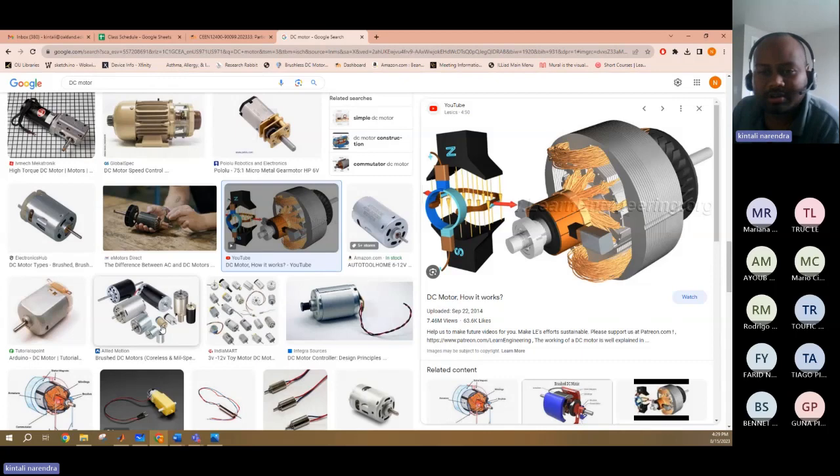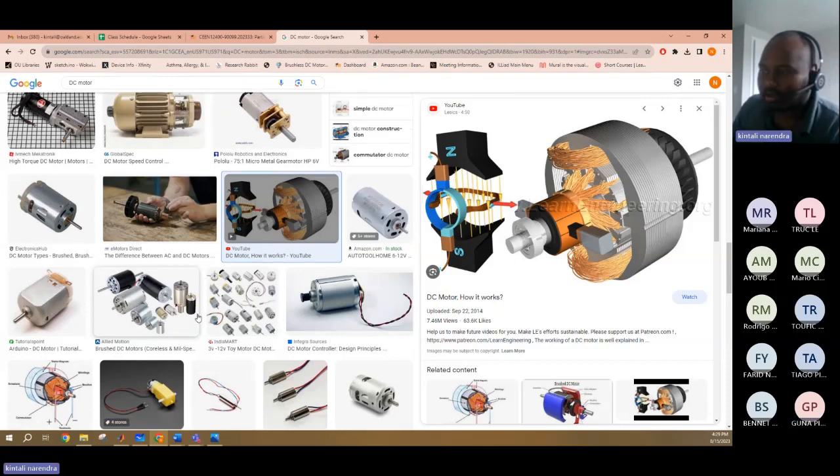Whereas with AC motors, you can't find small ones. They don't use AC motors in toys. In vacuum cleaners also, I'm sure they're using some DC motor, because they're very simple to build mainly.